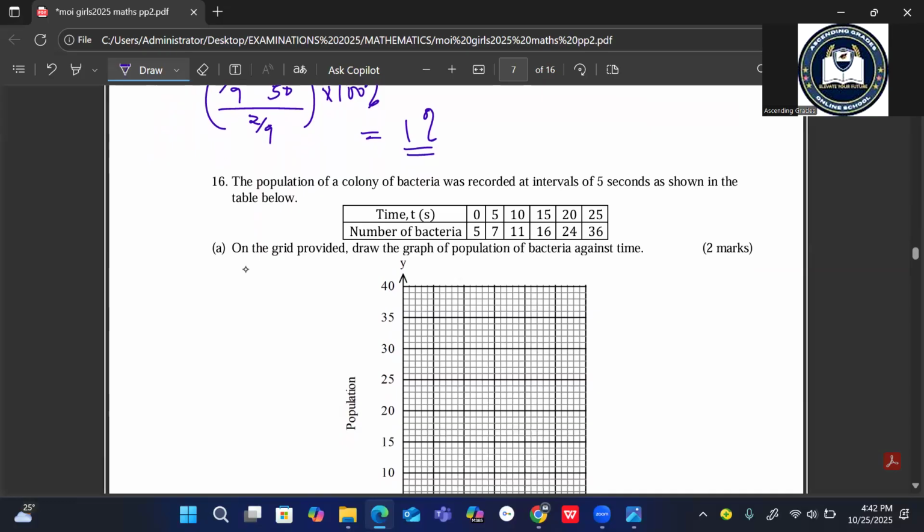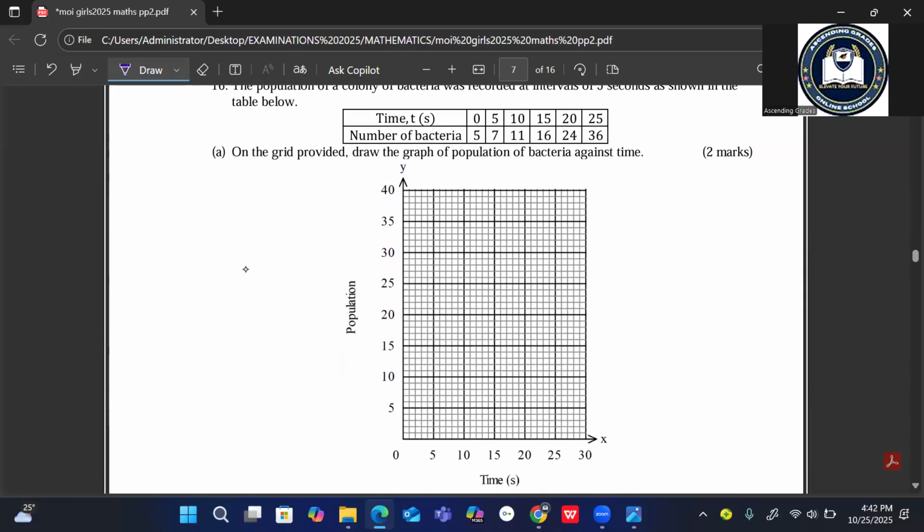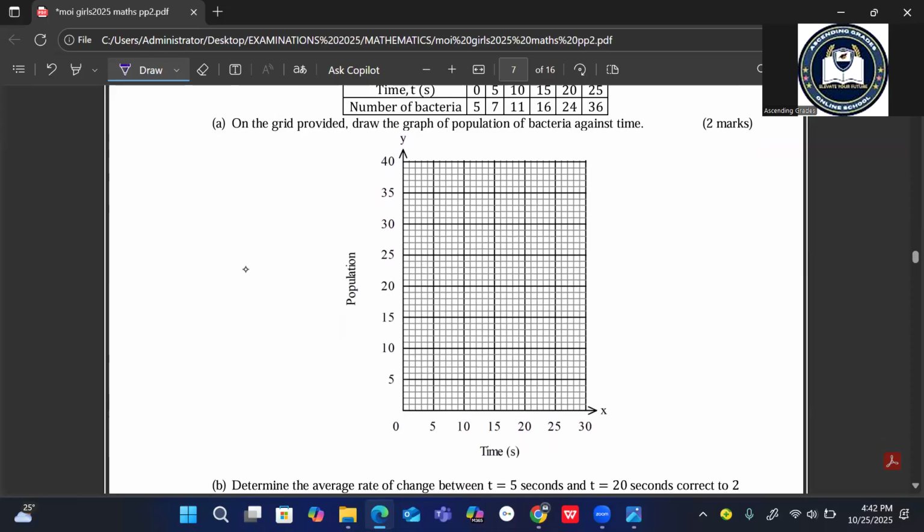Now on the grid provided, draw the graph of population of bacteria against time. The graph you are given is labeled with the X and Y axis. On the X we have time, on the Y we have population. So our work is simply to draw the graph.